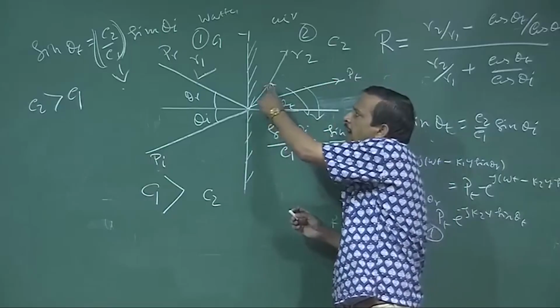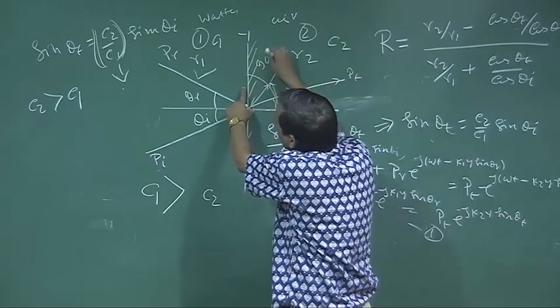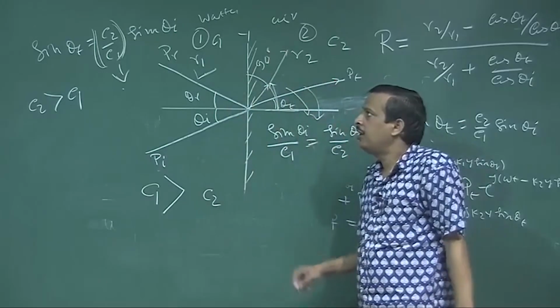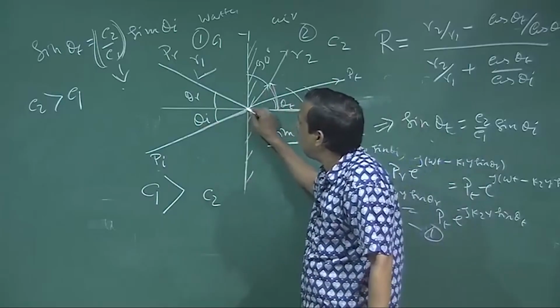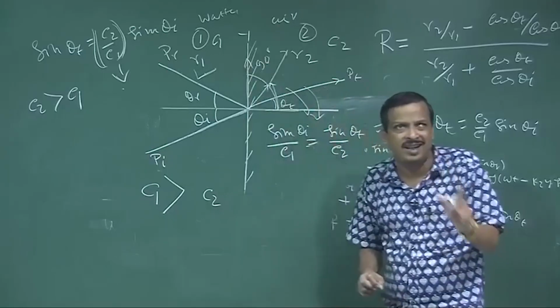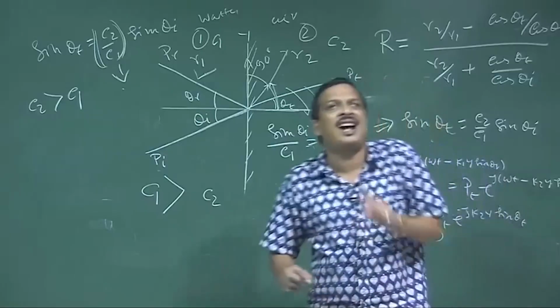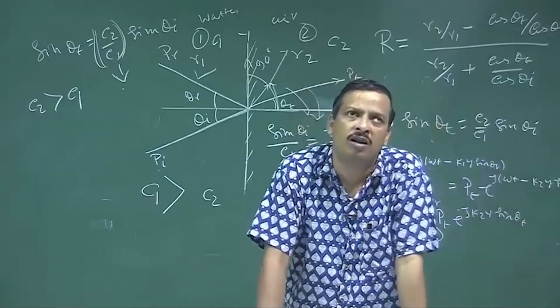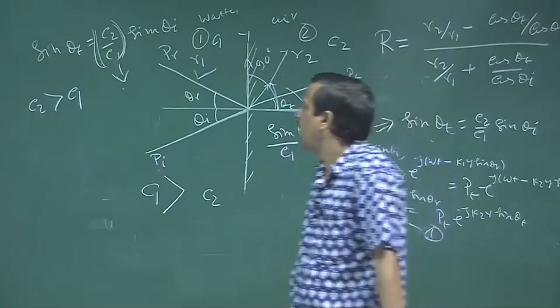If it goes away from the normal, at maximum it can go to 90 degrees. When the angle of incidence is such that the angle of transmission is 90 degrees, that incident angle is called the critical angle.